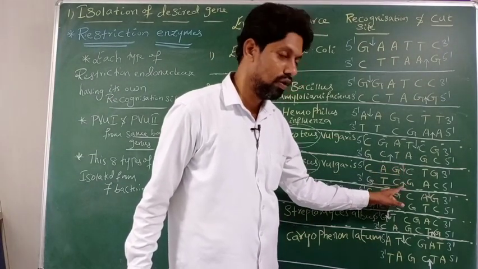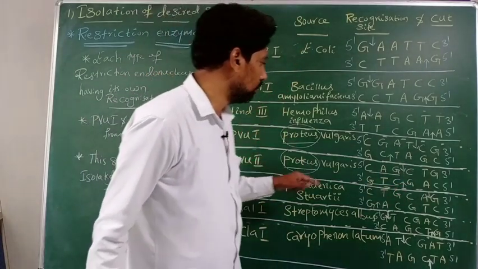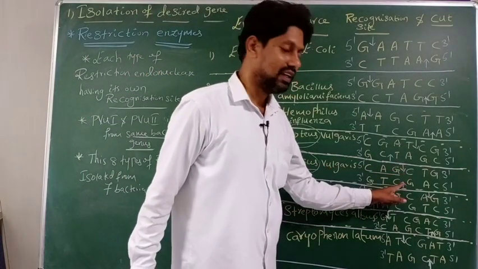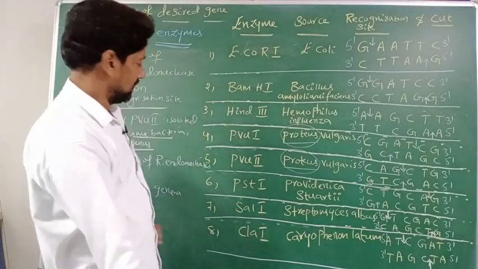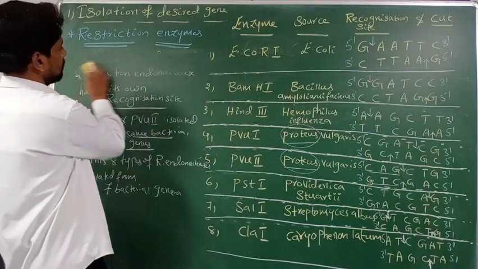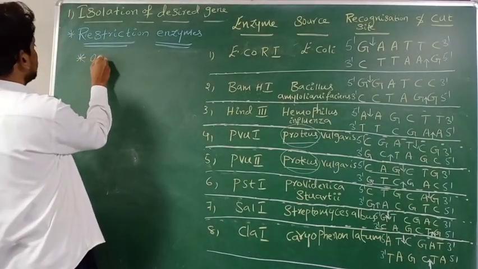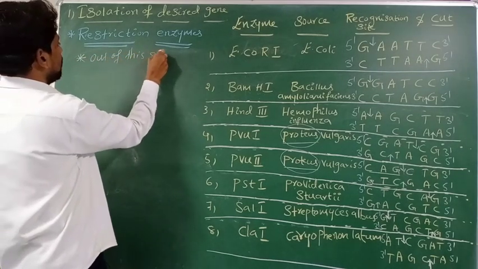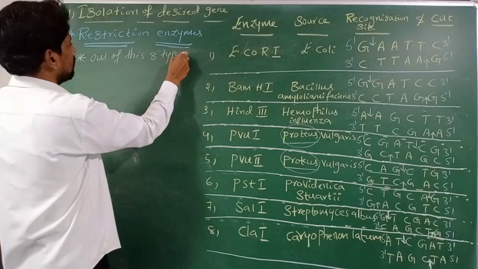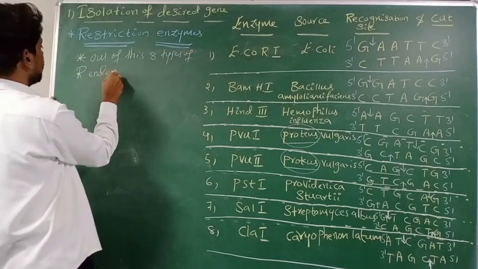See here, PvuII makes an even cut, whereas the remaining 7 make staggered cuts. Is this statement okay? Right? Therefore, out of these 8 types of restriction endonucleases.